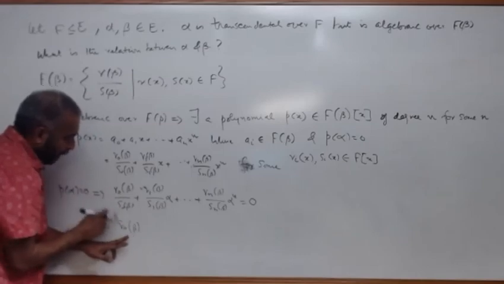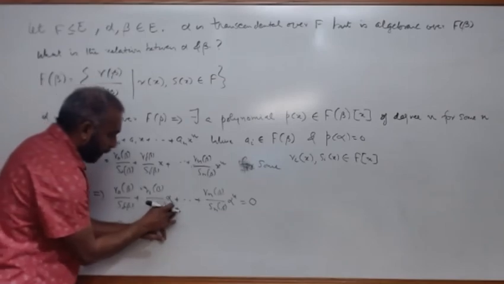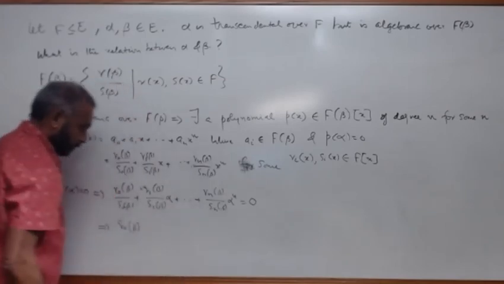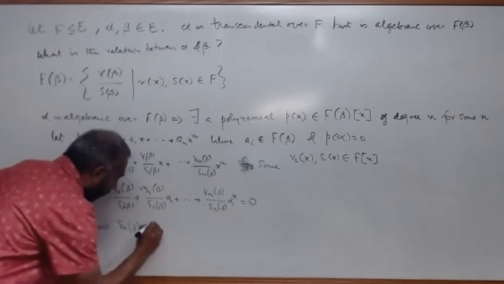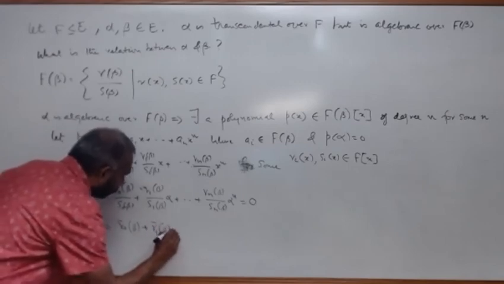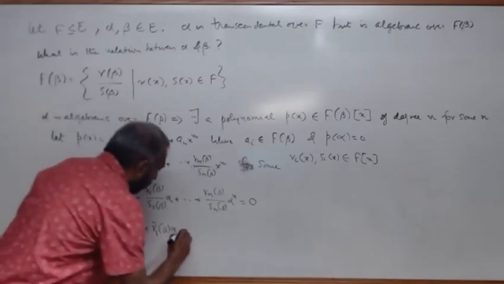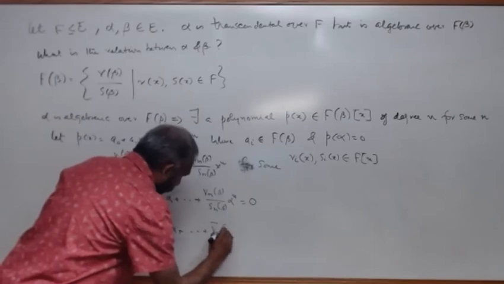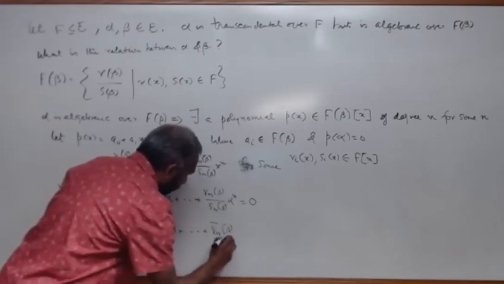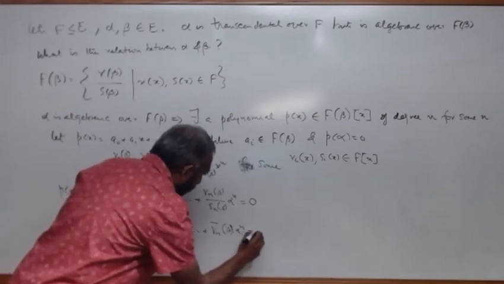So this will be r0 times s1 of beta times s2 of beta ... sn of beta, plus R1 bar of beta times alpha, plus ... plus Rn bar of beta times alpha to the n is equal to 0.